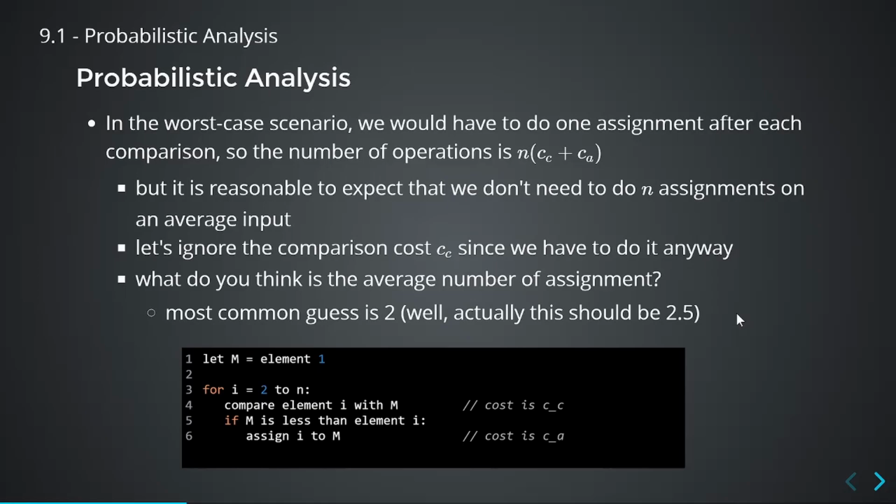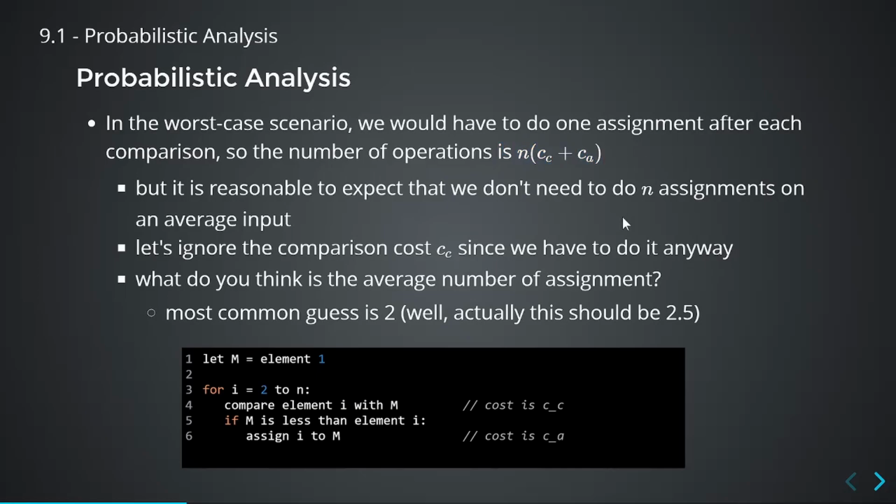So can you think about our worst case input? That would be an array which is sorted in ascending order. So every time you get to a new element that is larger than the one before it, you have to modify m. So worst case complexity, if you want to be exact, is n times (CC plus CA).